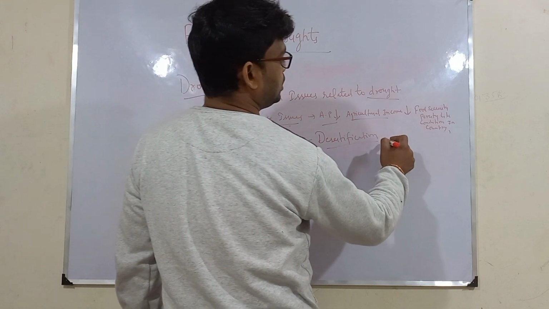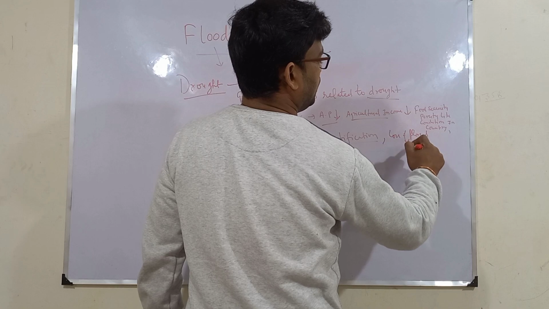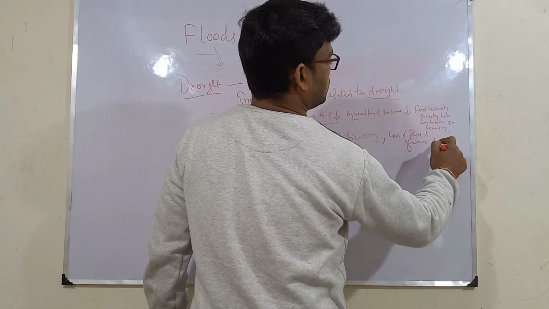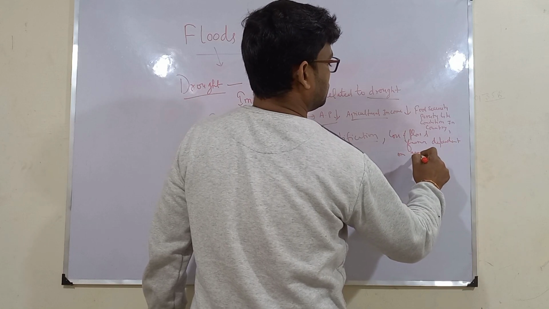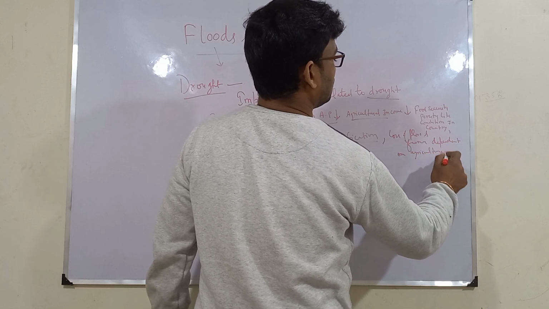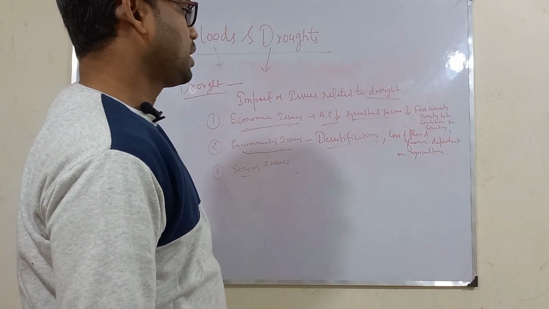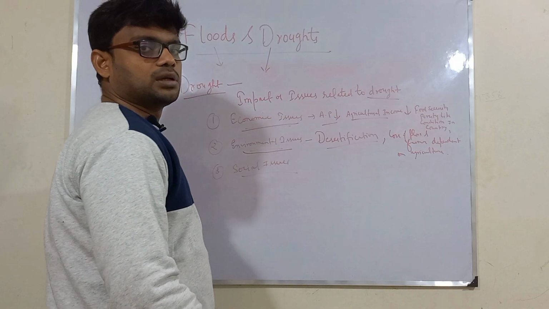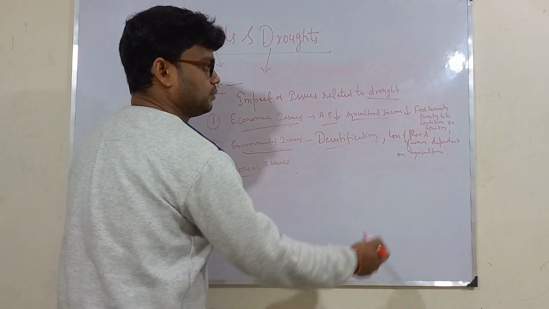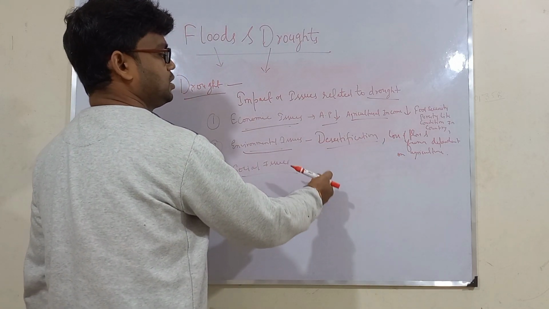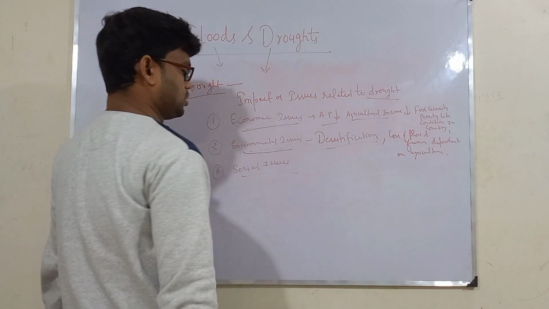Besides this, it will also lead to loss of flora and fauna dependent on agriculture. So due to this drought-like condition, several animals, as well as vegetation, which were dependent on this agricultural produce, may suffer losses.